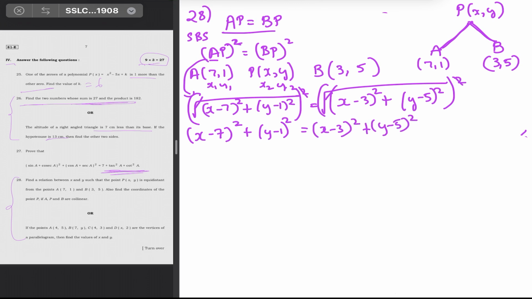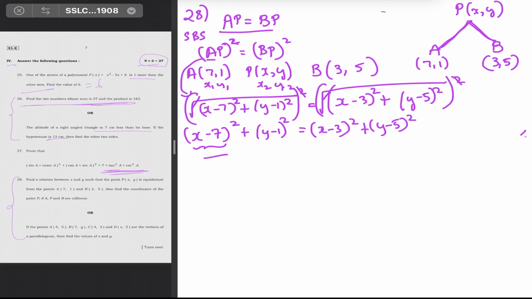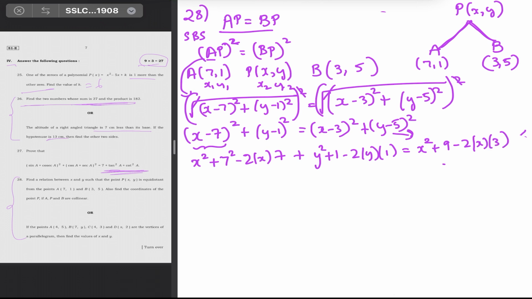On simplifying, using the identity a minus b whole square, we can simplify: a square plus b square minus 2ab, plus a square plus b square minus 2ab, is equal to a square plus b square minus 2ab plus a square plus b square minus 2ab.